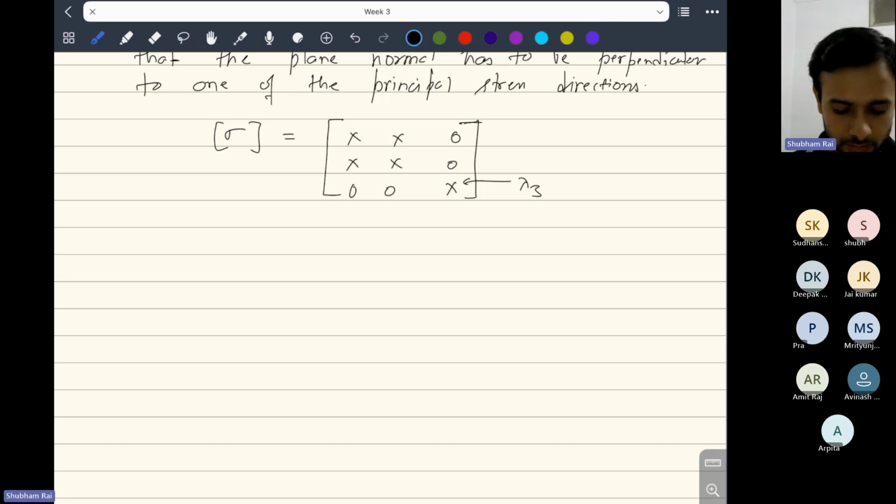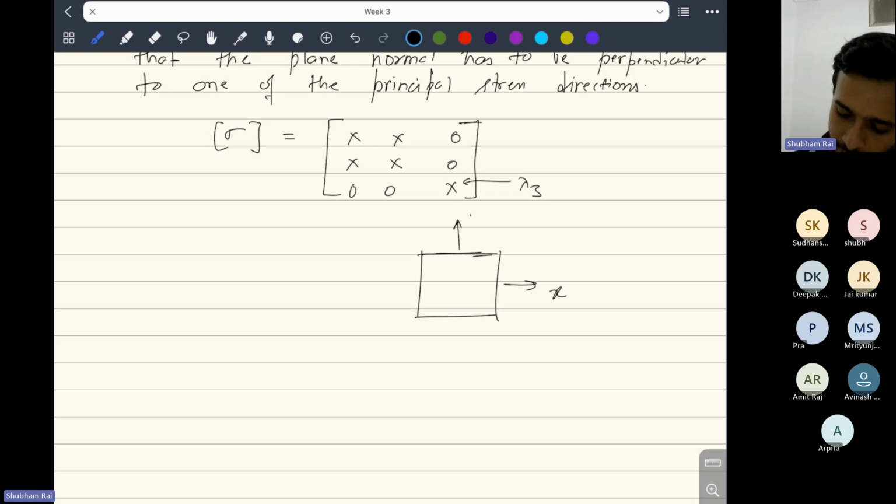I'm going to write the formula of normal and shear stress. You have already studied this. Let's say you have this plane, and this is x and this is y. Here you will have sigma xx, sigma yy, and sigma xy, all three present.